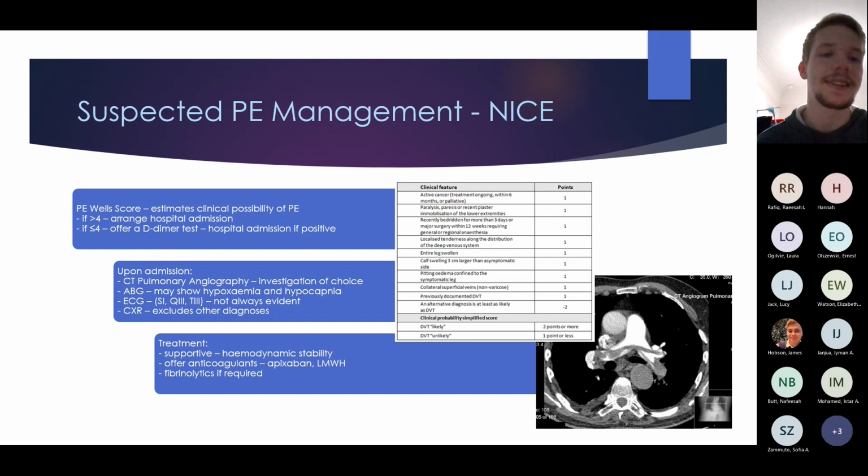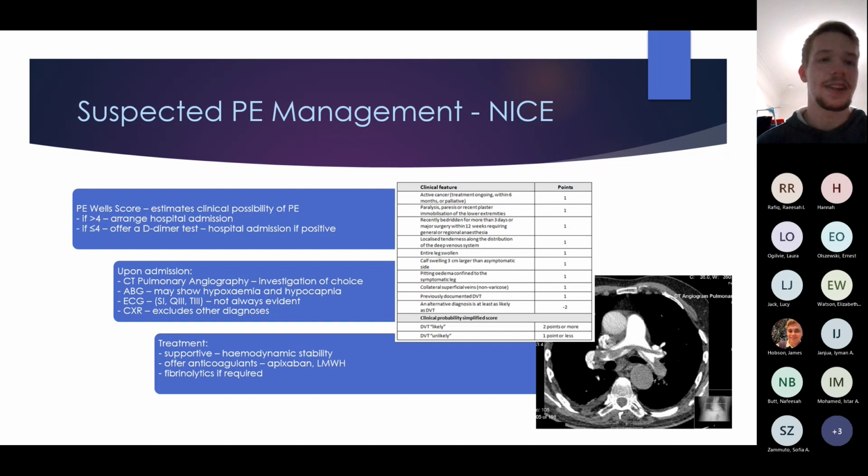That's your investigation of choice. And on top of that, you can look at ABGs, which might show hypoxemia or hypercapnia. You can do an ECG. I put the S1Q3T3, so normally you can get deep S waves in lead 1, and then deep Q waves in lead 3, and inverted T waves in lead 3.